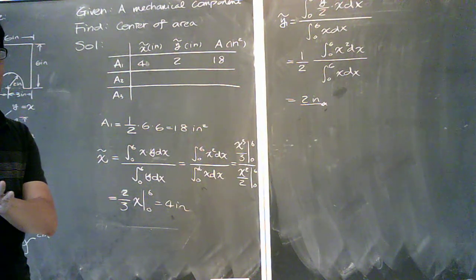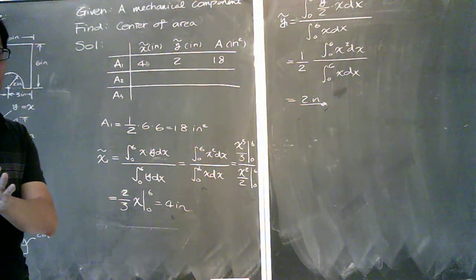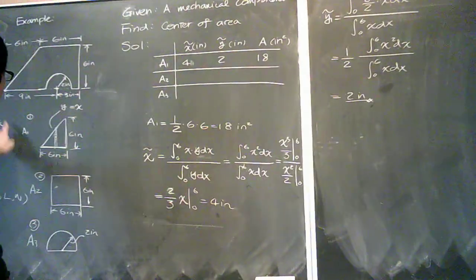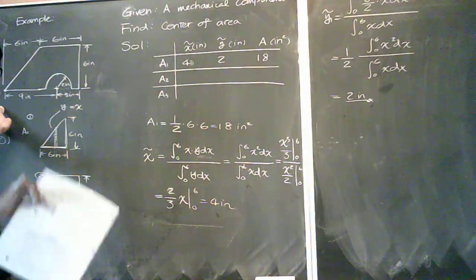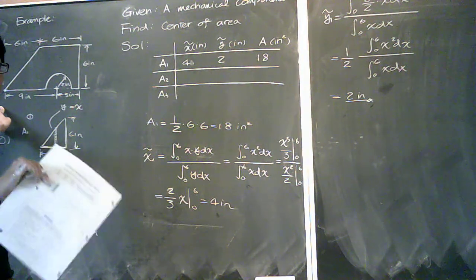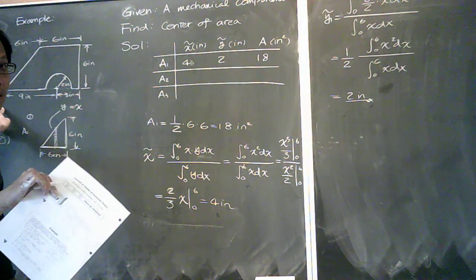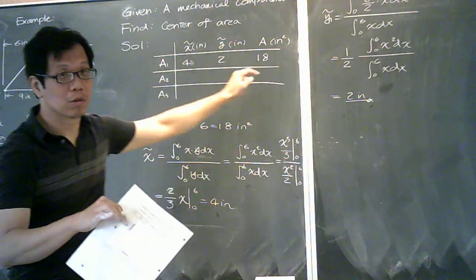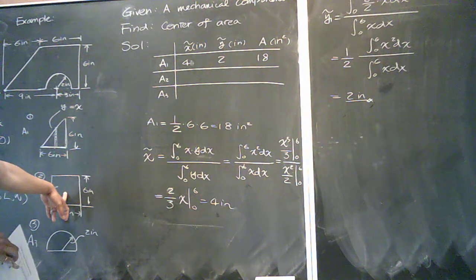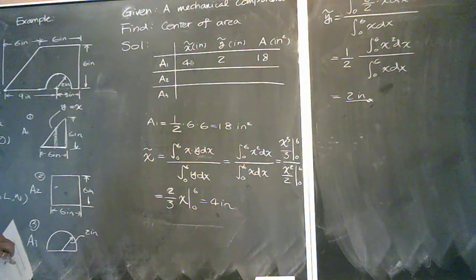But you do need to know where this one is related to the origin. That's the most important thing, because most of you guys are going to give me something wrong when you are putting it over here. Let me explain to you. So for this square over here, where is the centroid?